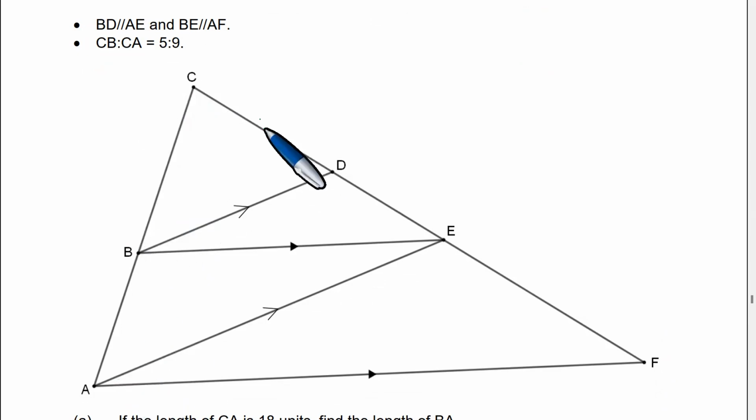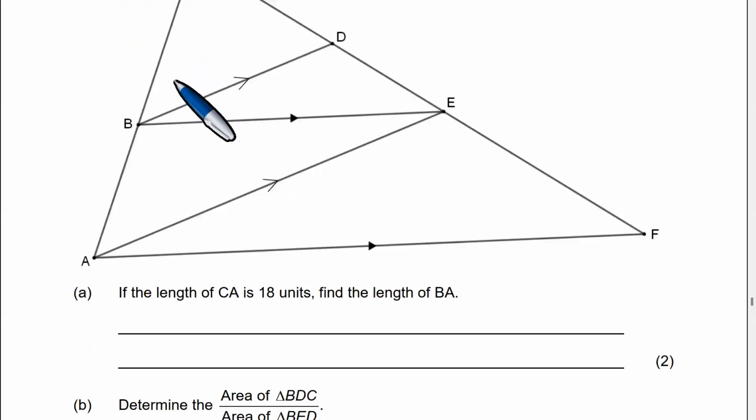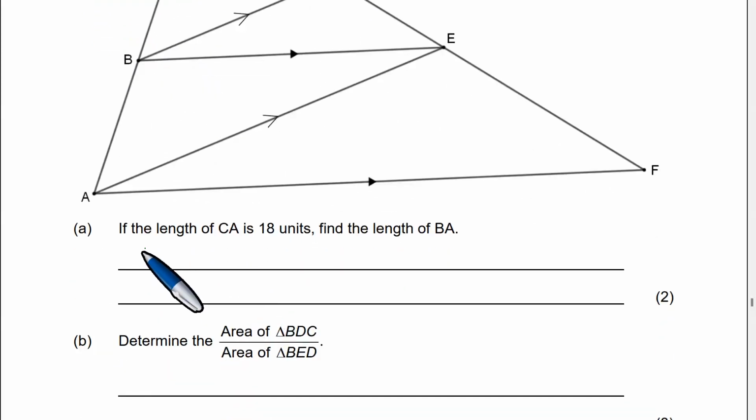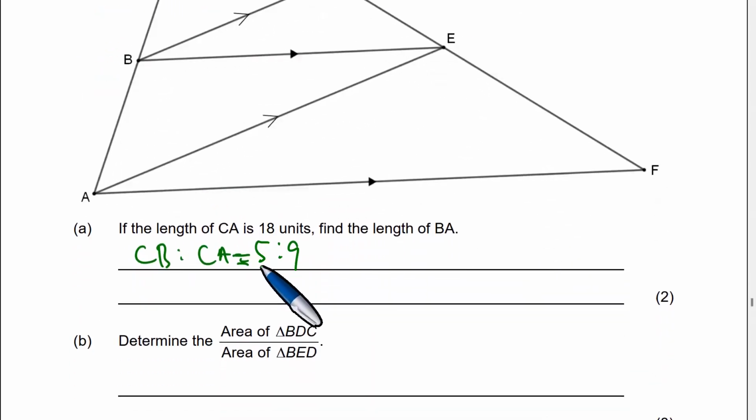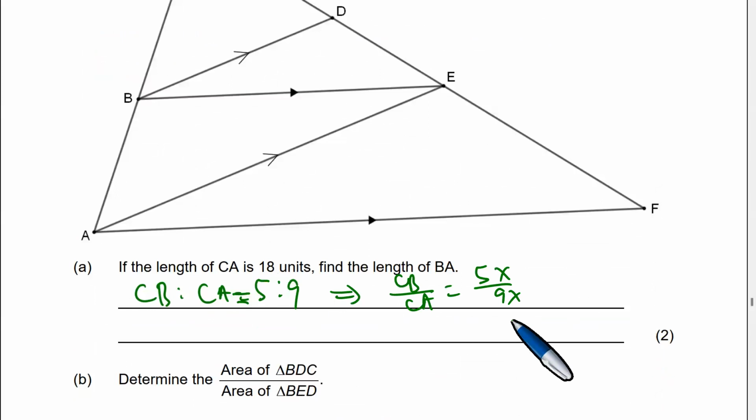So it means that CB to CA is 5x over 9x, if you like, you can write it like that.